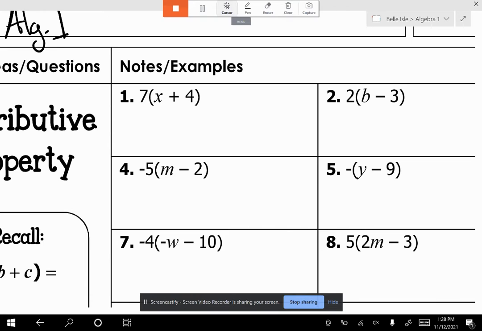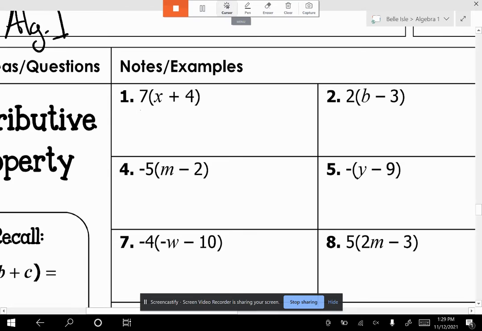Okay, 7 on the outside, x plus 4 on the inside. You have to multiply to each term. If this parentheses was not here and it was minus b plus 75 minus 6x, would you have to multiply the 7 to each one of those? Yes, you would. I'm not going to do that to you. We're just going to do this. However many terms, that's how many times you have to multiply the 7.